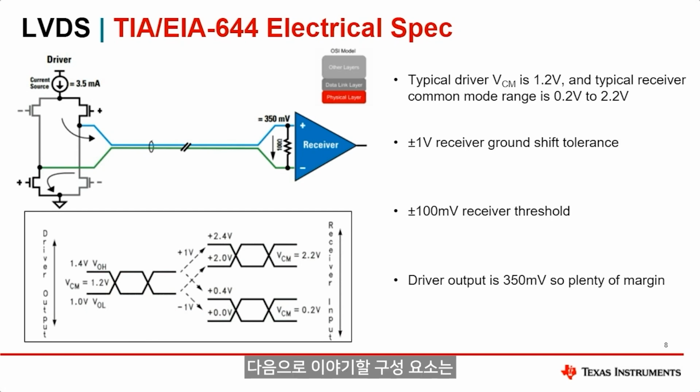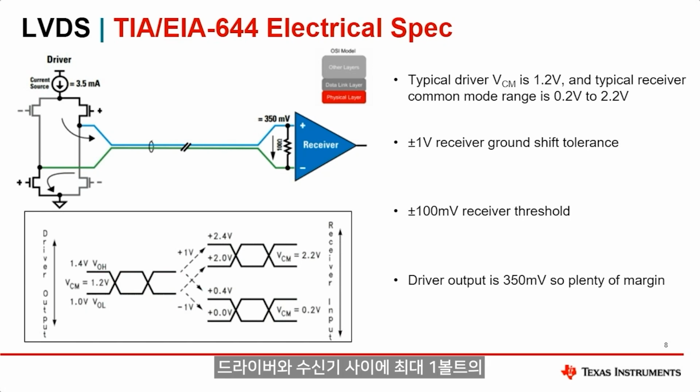The next component I'll talk to has to deal with the common mode voltages for LVDS. I'll direct your attention to the table at the bottom here. LVDS drivers will output at a common mode voltage of 1.2 volts, whereas LVDS receivers can accept common mode voltage ranging from 0 to 2.4 volts.